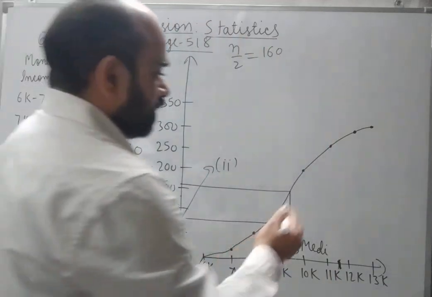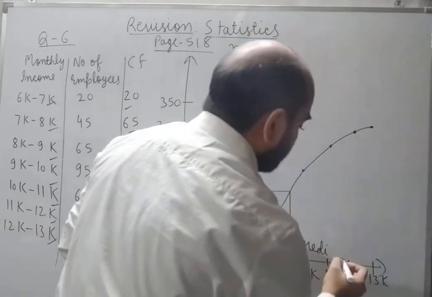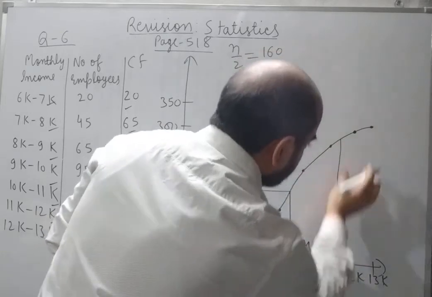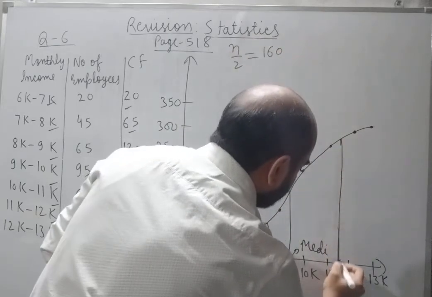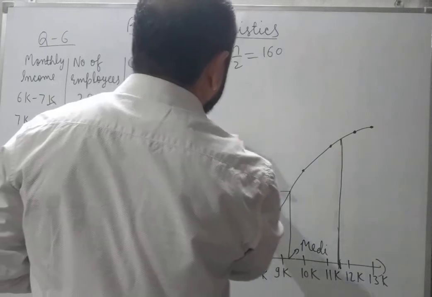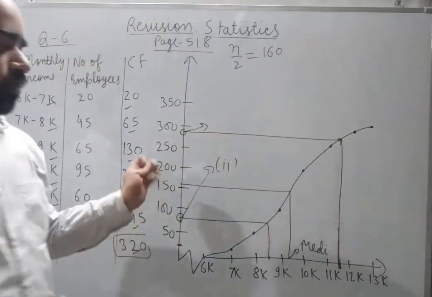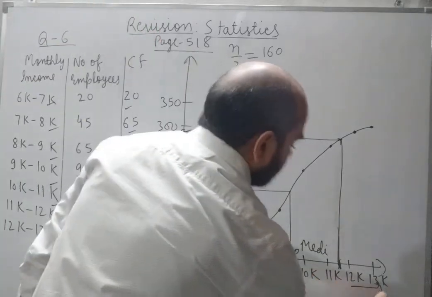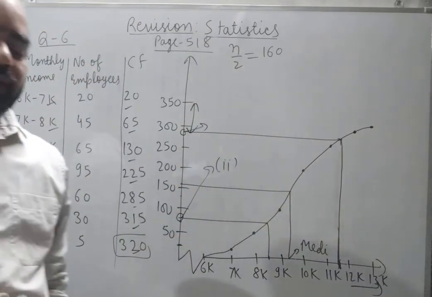So first, again the same method. First we have to draw a vertical line. So suppose this is 11,500. Vertical line, and then horizontal line. So this is the value of those getting 11,500. We want greater than, it means we want this difference.